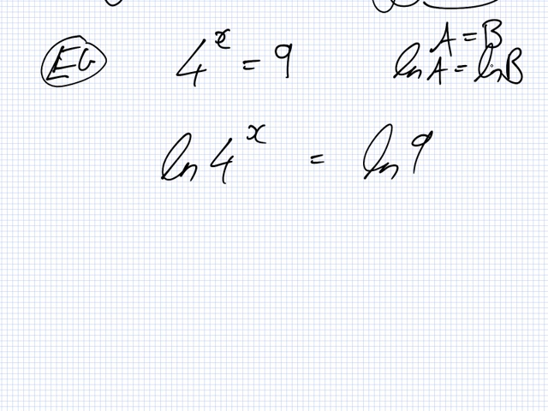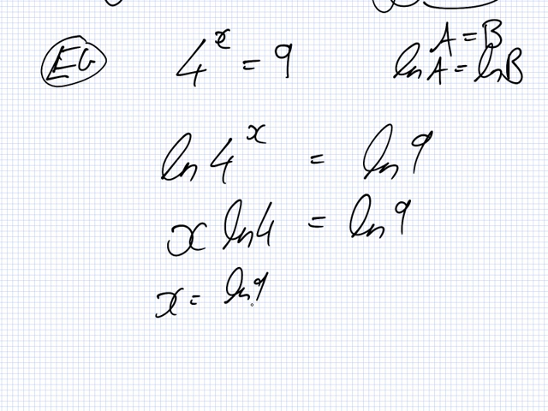The reason I'm using natural log is because no matter what calculator you have, you'll have natural log on it. Okay, now we can use the rule of logs that says powers can come down to the front. What was that, the third rule or something like that. So here we get x log 4 equals log 9. So x equals log 9 over log 4.